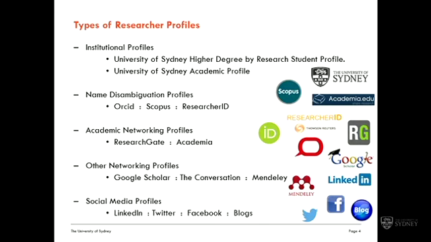What and how many profiles you have is something that you're going to have to decide for yourself. It's important to note, however, that you do need to keep them up to date and ensure all your publications are included. And some of these profiles might take a little more work than others.